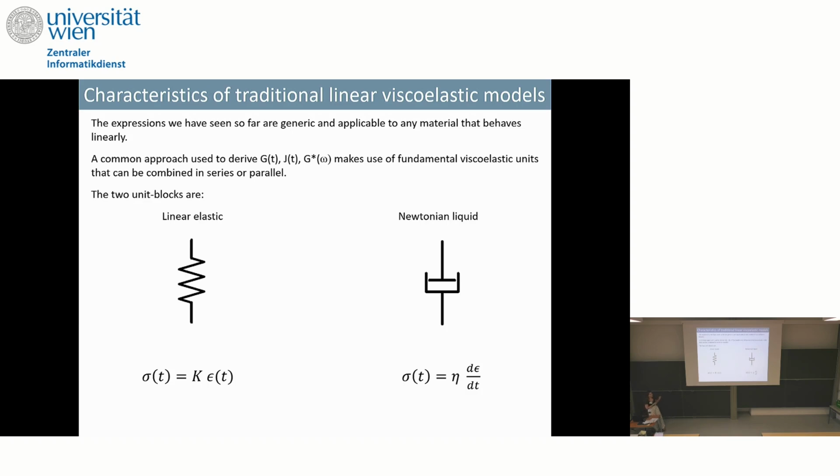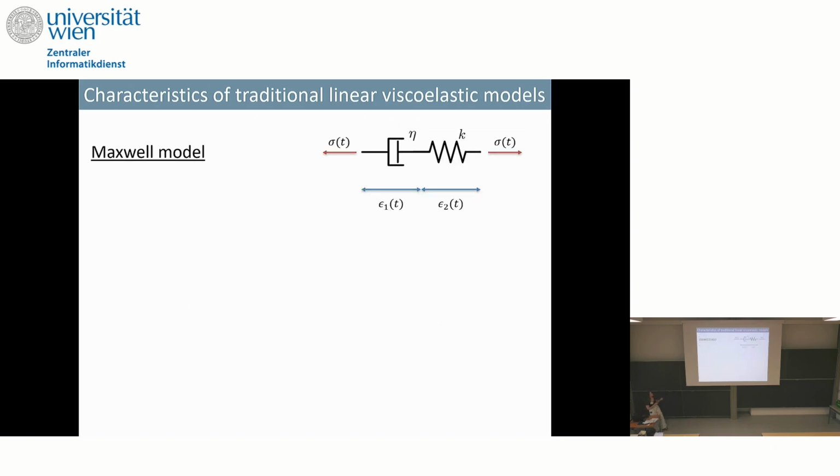These two unit blocks can be combined in any way. The simplest way to combine them is to put them in series. We're going to look at the first two simple examples, in series and in parallel, for the traditional models, because when we look at fractional ones, they're going to work exactly in the same way.